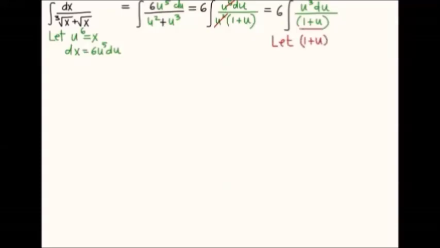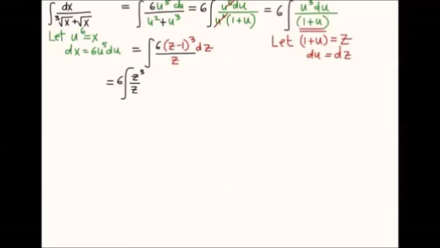We then need to use a u substitution, so we're going to set z is equal to 1 plus u. That means dz will equal du. We then need to rewrite the integration, and it will look something like this. Now factoring it out, we'll have the integration looking something like this now. We then need to integrate part by part after we simplify.